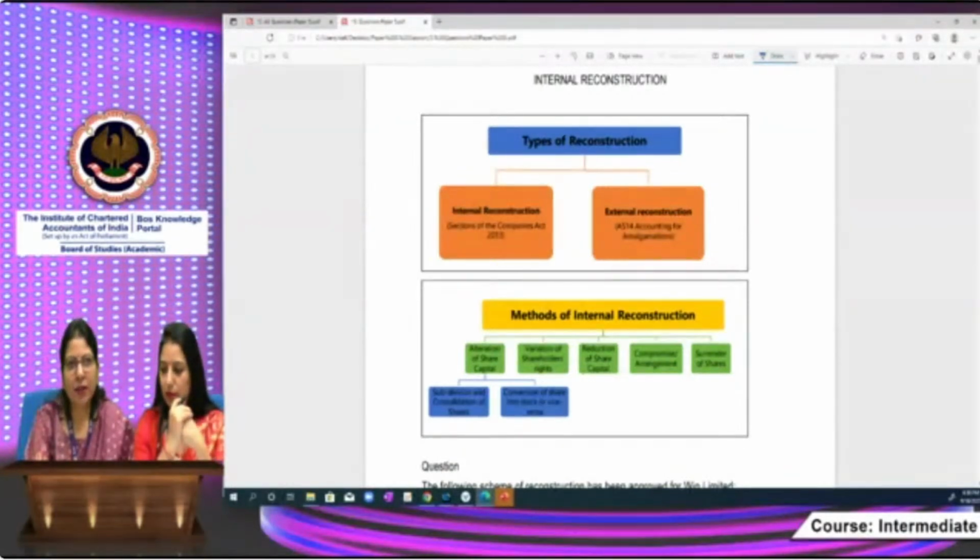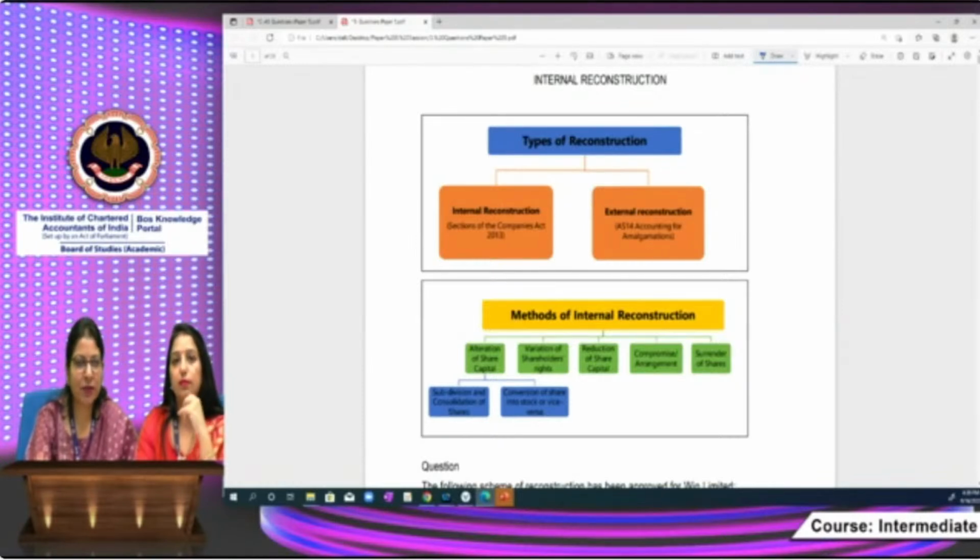You are required to study the chapter from the September 2021 edition only. If you have any earlier edition, we would advise you not to refer to it for this particular chapter of accounting for ESOPs, but to refer to the new chapter from the September 2021 edition. So this is regarding ESOPs.